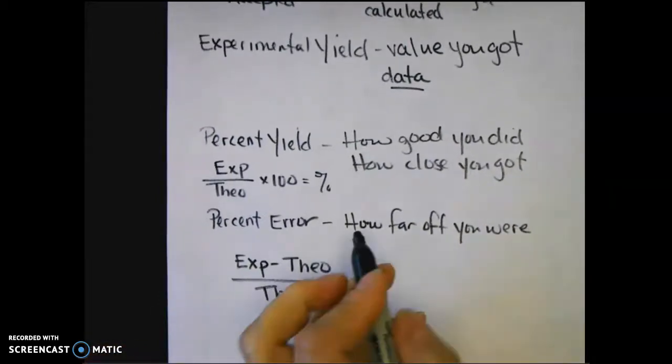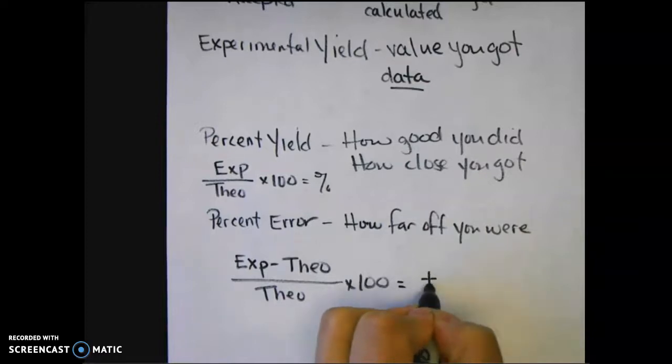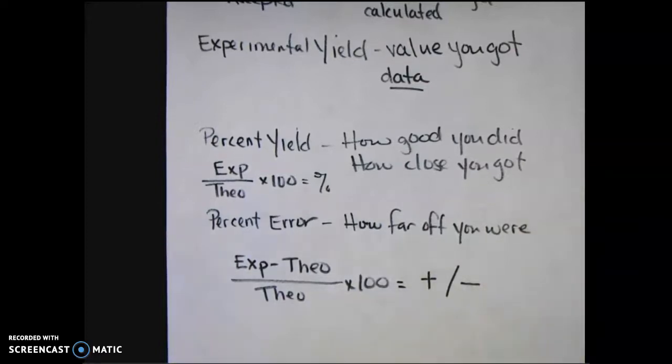When you do this math, sometimes you'll get a plus value, and sometimes you'll get a negative value. For this class, keeping that sign there tells you something. If you have a positive percent error, that means your experimental value is higher than it should be. If you have a negative percent error, that means your experimental value is lower than what it should be.